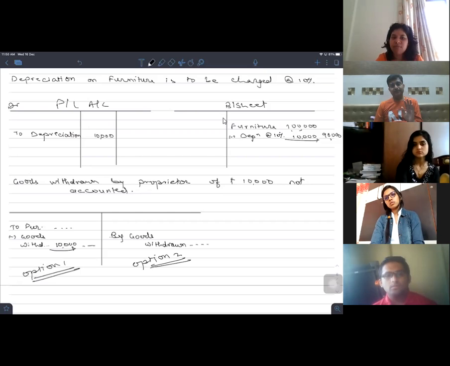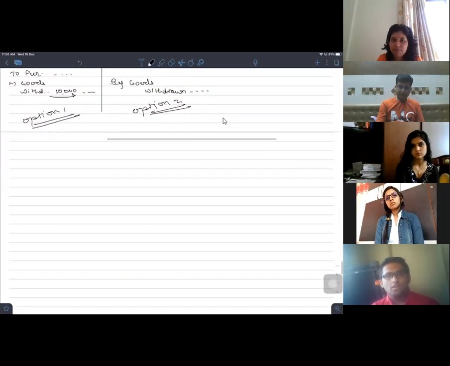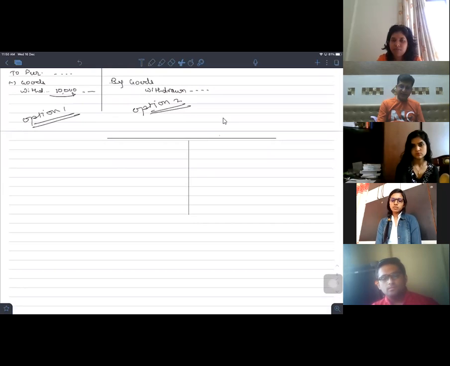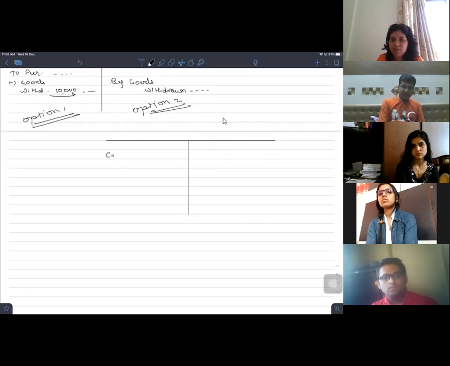Are you understanding this point? Either you reduce from purchases in the trading account debit side or you show it into the trading account credit side as such. And then the second effect of that will go into the balance sheet. What will be the effect in balance sheet? In the balance sheet, on to the liability side, you'll have capital, whatever is the amount of that, less drawings.